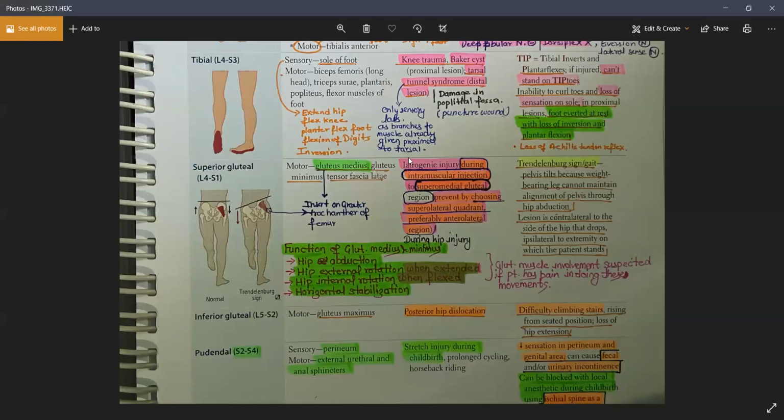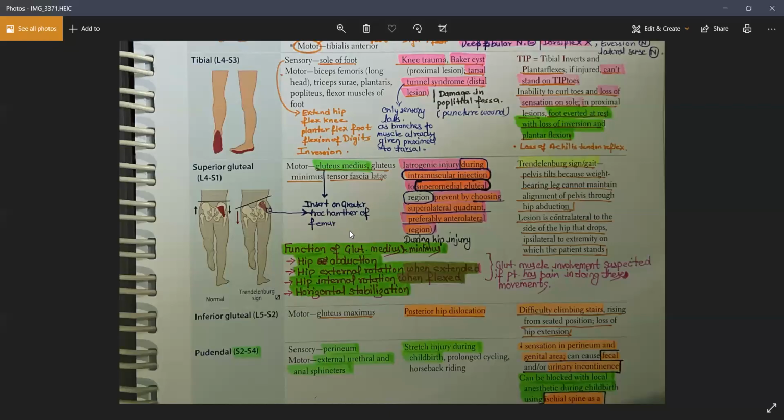Okay, very important. So the cause of injury is mostly the iatrogenic only. Okay, during giving the patient intramuscular injection, if you give the injection somehow in the superior medial quadrant, then you can have a damage of this nerve. And when the nerve gets damaged, you will have a Trendelenburg sign, okay, in which the pelvis tilts because the weight bearing leg cannot maintain the alignment.